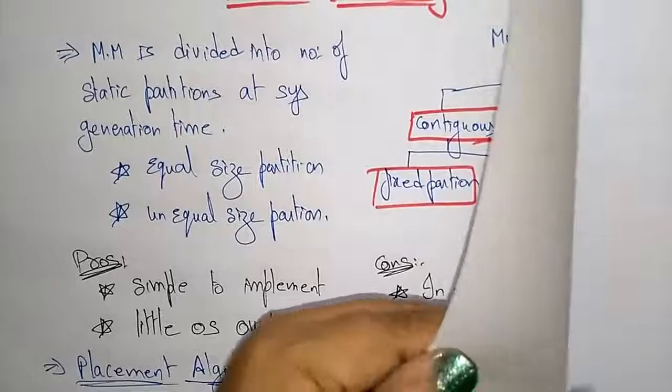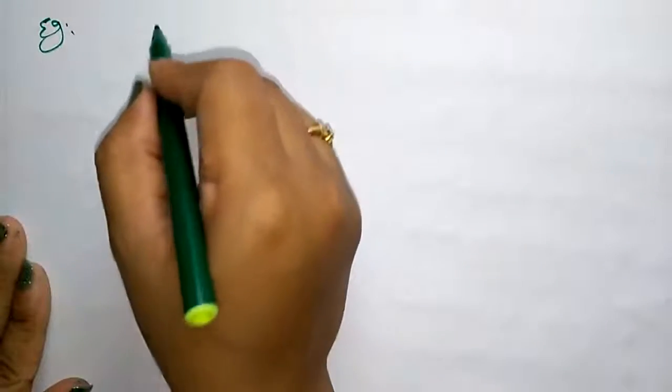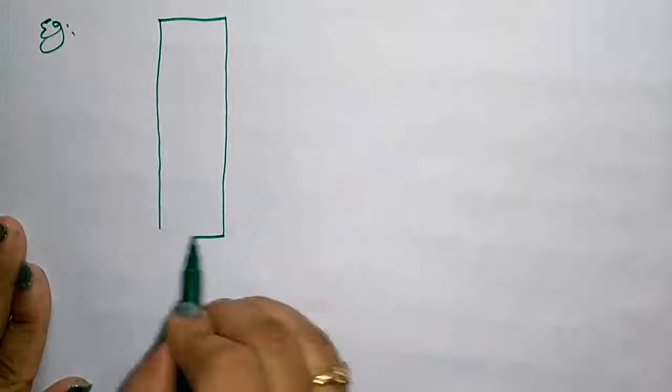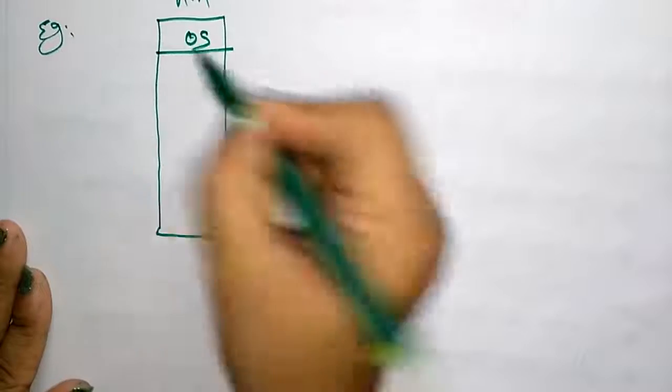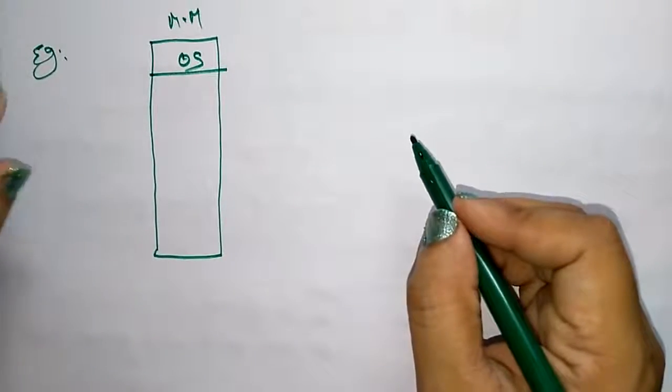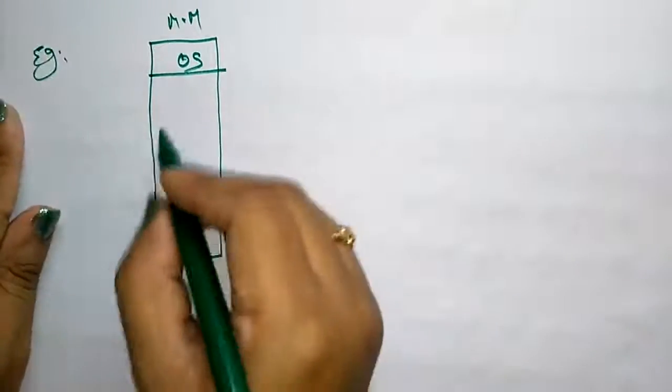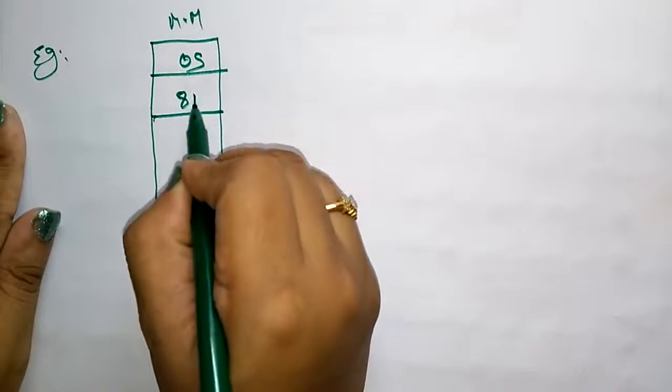So let me draw this diagram, single queue and multiple queues. This is the main memory. First it has the operating system at the start of the main memory, and the rest is divided.